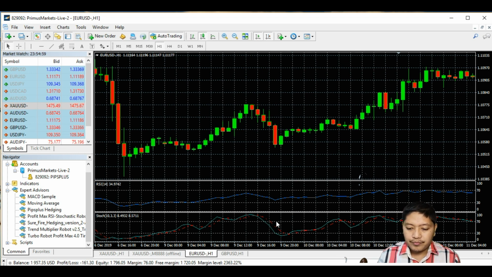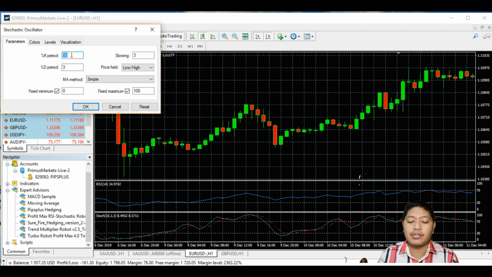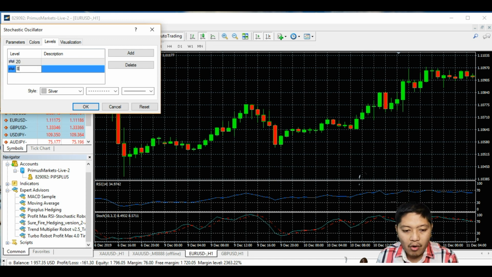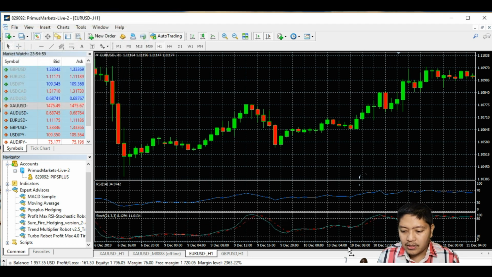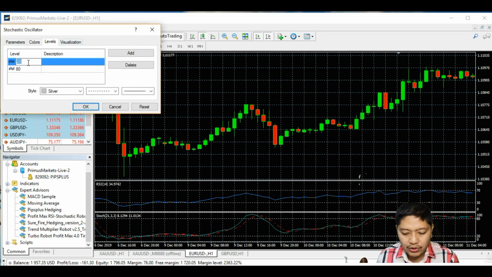So let's say I will change to my settings for the stochastic oscillator. I'm using 21 for the percentage K period, and then 3 for the percentage D period, and slowing 3. Same levels 30-70, you can change it to 20 here, but look at that, we would have very few entries, so you can change the levels back to 30 and 70.